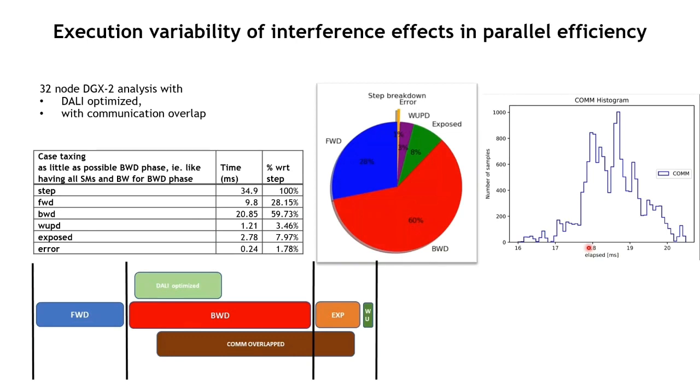Considering the tail effects in the communication up to 20 milliseconds, it is still well within the time budget. It is therefore important for larger scale runs to overlap the communication with the backward stage in order to sustain the throughput of each GPU during the training.